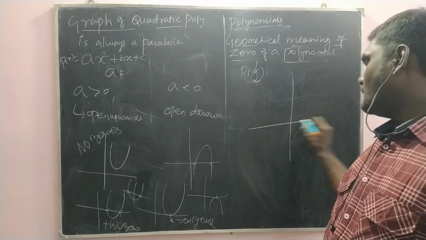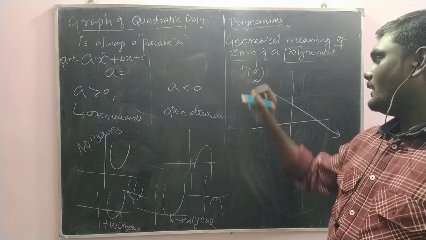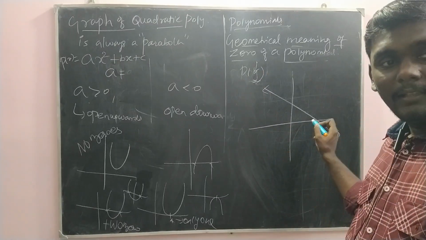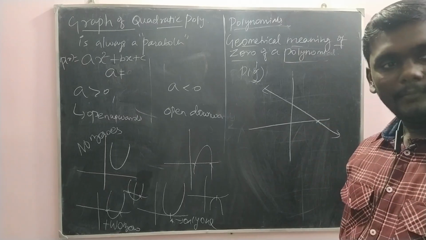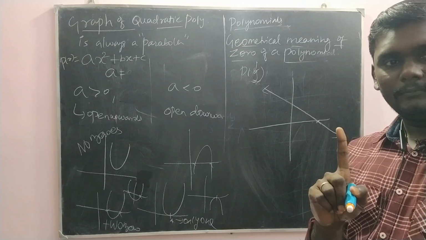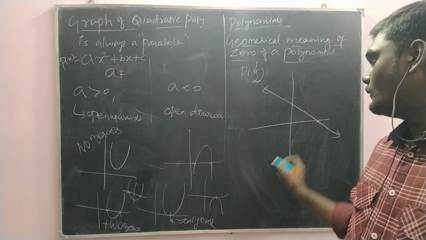Linear polynomials can be represented as straight lines. In that, how many zeros may it have? Only 1. At most 1. Linear polynomial has at most 1 zero.